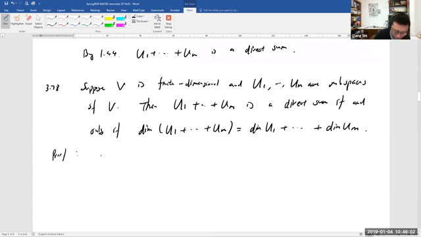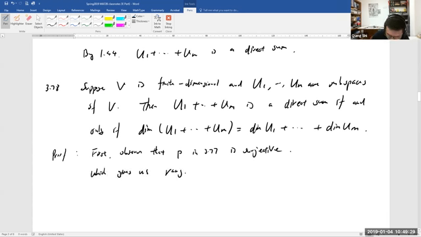So let's first make a remark or observation: observe that the gamma function in 377 is surjective. We already said that we're going to formally write this down. It's surjective, and that implies the range of gamma is equal to U1 plus up to UM, right?